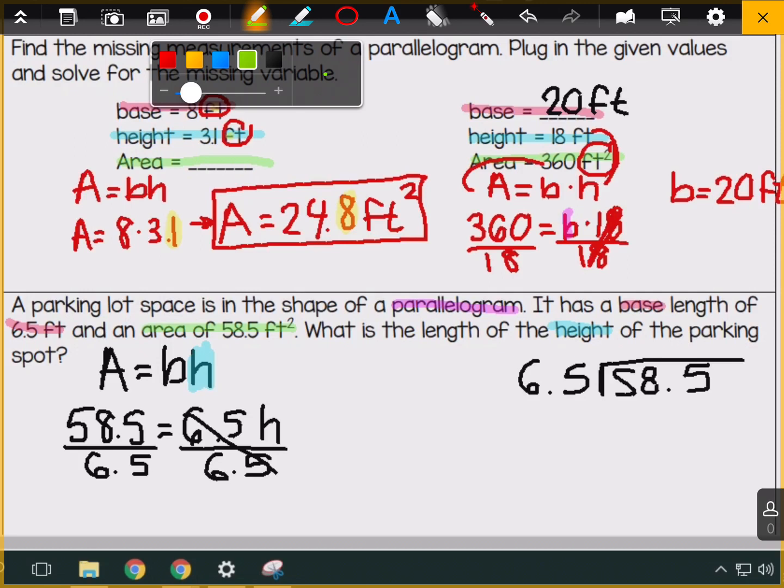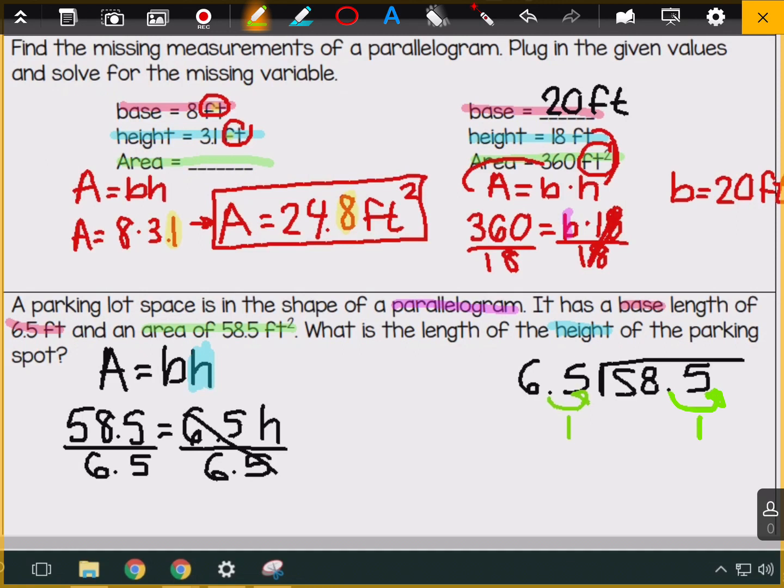We absolutely cannot do it. So we need to move this all the way to the end. That skipped over one number, and I have to do the same thing on the inside of my division sign. So I'm going to go and move my decimal point back one space. I would rewrite this as 65 dividing into 585.